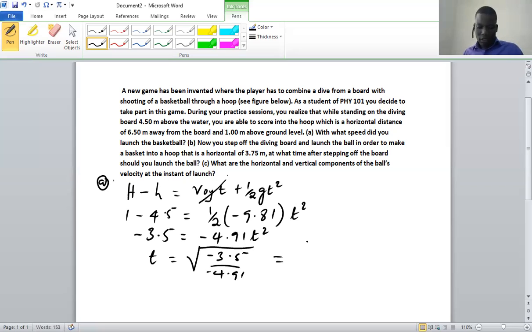And this is giving us 0.844 seconds. So that is the time that it took the ball to reach the basket.